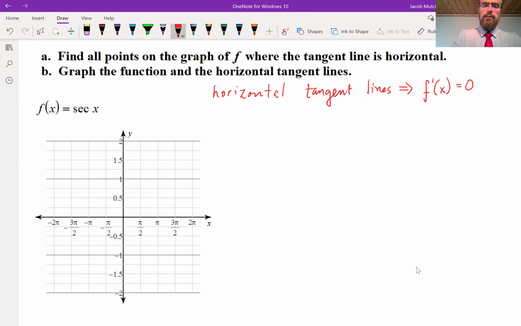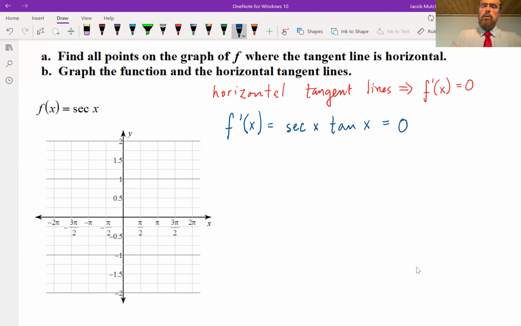I just need to find the derivative of f of x. So from our work with derivatives of secant, we know that the derivative is secant x times tangent x. And immediately I'm going to set that equal to 0, and I want to solve.